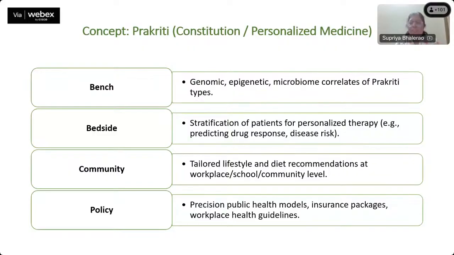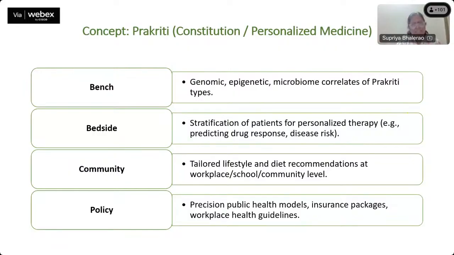Let me tell you, if I am wrong at this time point, there will be hardly any studies which are based on predicting drug response as per Prakriti. So far, we have just done surveys on which Prakriti is common in which disease, but we have no studies to show how Prakriti predicts the drug response.